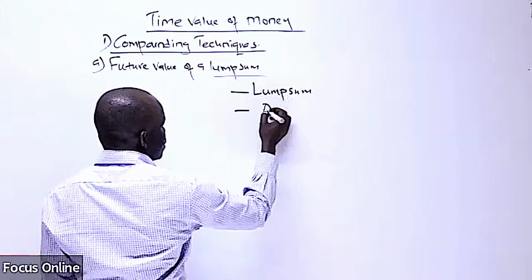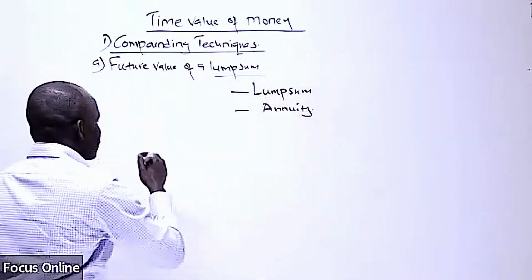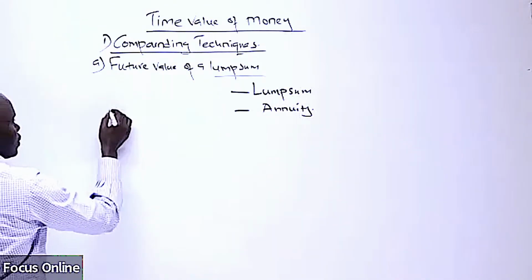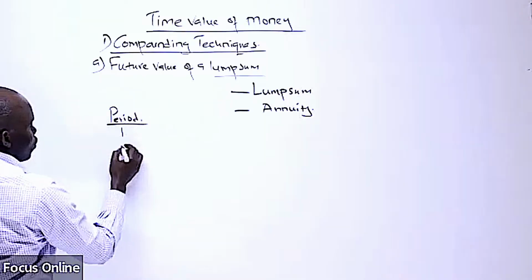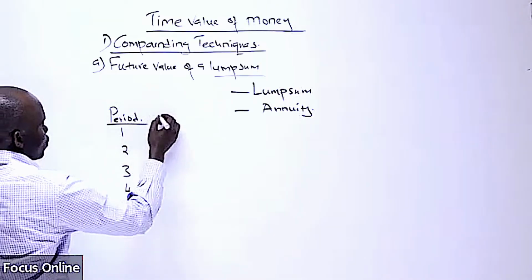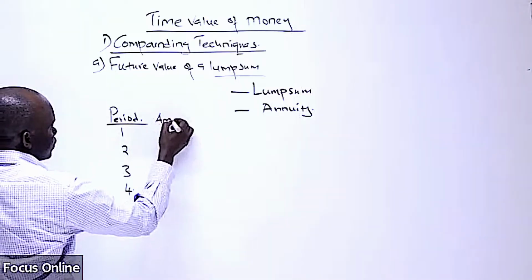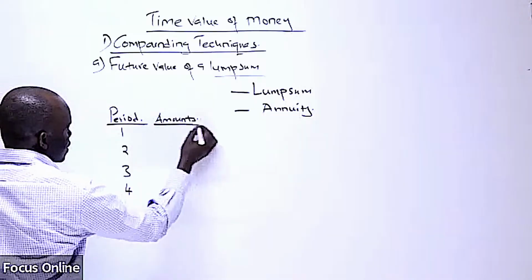And we have an annuity. Here, let's say we have periods 1, 2, 3, 4, and we have amounts. Let's start with lump sums.